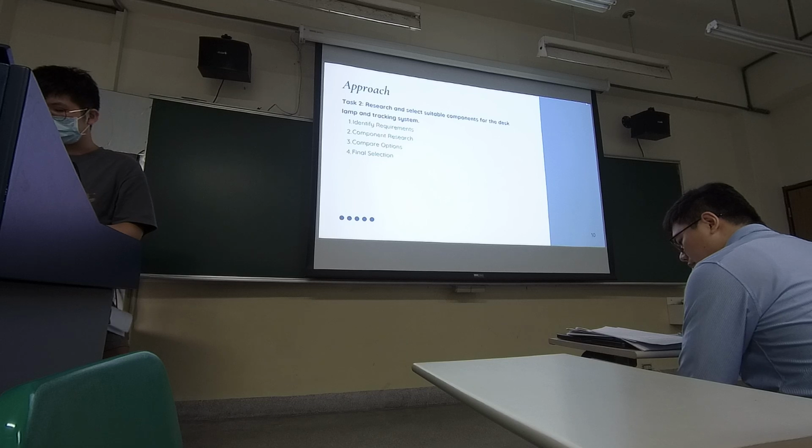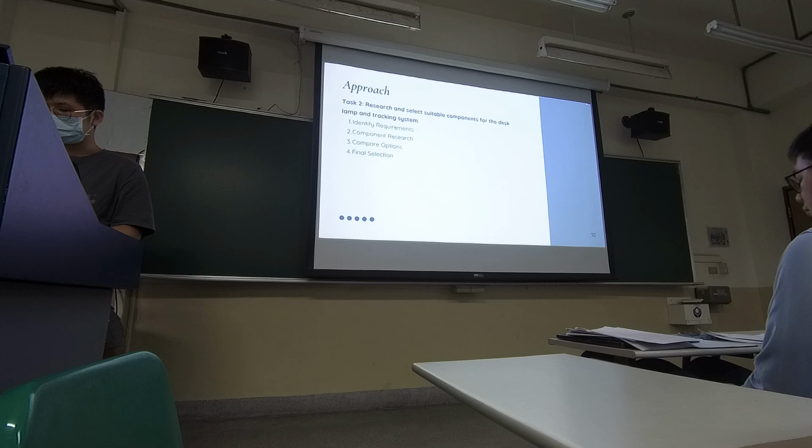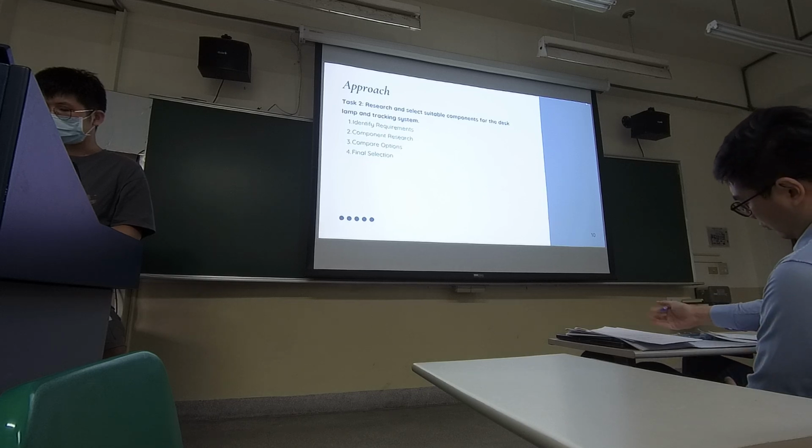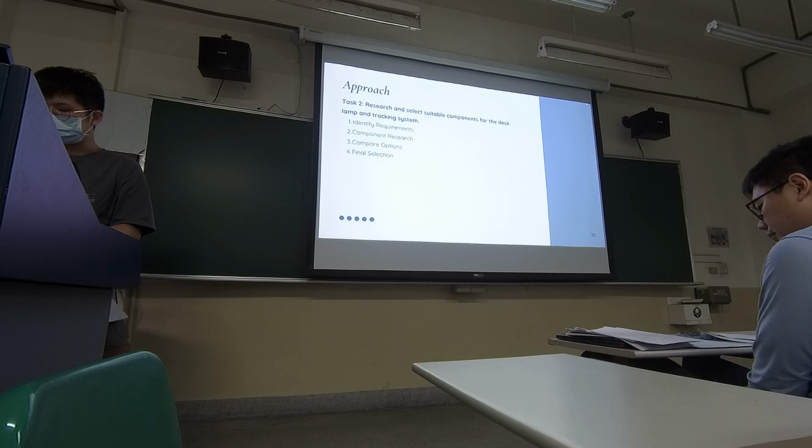The second task is to research and select components for the depth and the tracking system. First, we will identify the key functions and the technical requirements, such as brightness, sensor precision, and the camera resolution and the frame rate.